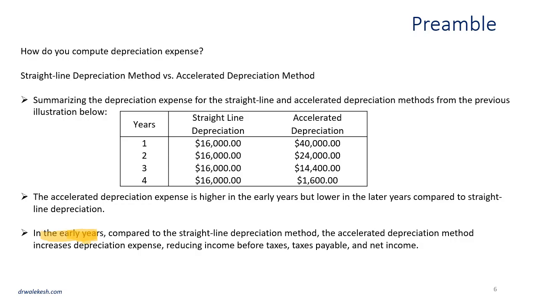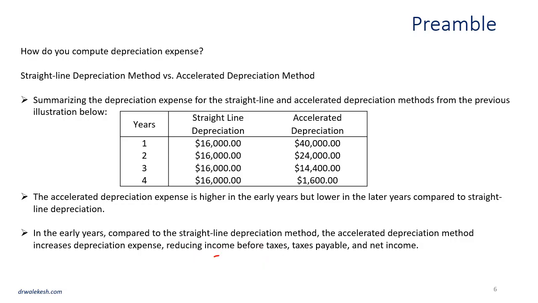In early years, compared to the straight line depreciation method, the accelerated depreciation method recognizes a higher depreciation expense in early years. Thus, we can say that the income before taxes, the earnings before taxes, will be reduced.